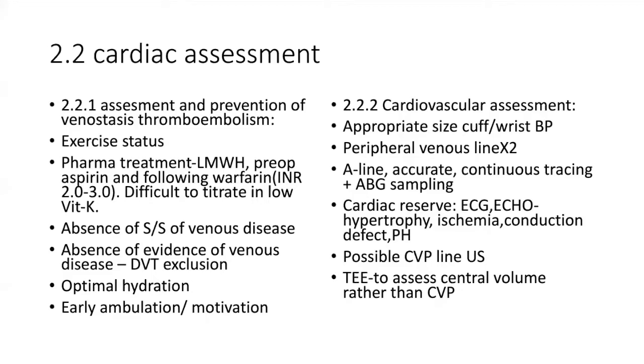There is a reclining cycle which they can do, or for those who are not able to do that, even a dobutamine stress test can be done. For treatment, a patient may be getting low molecular weight heparin or preoperative aspirin, or some of them may be having warfarin also.